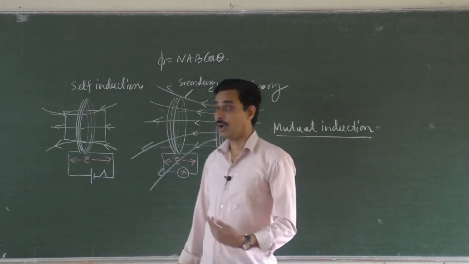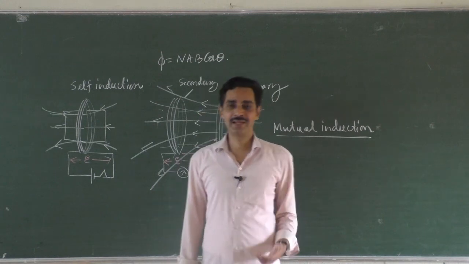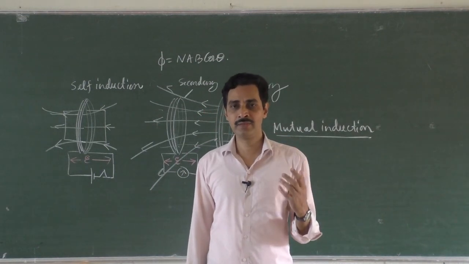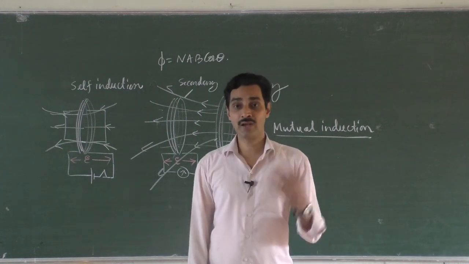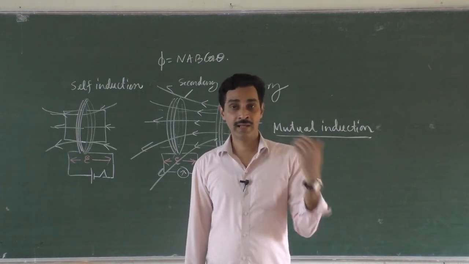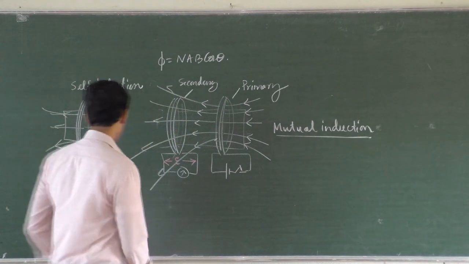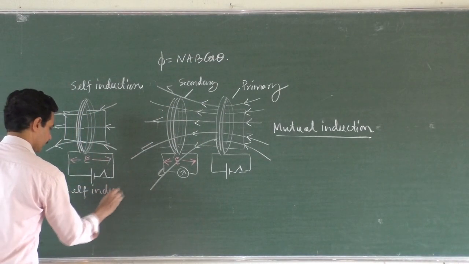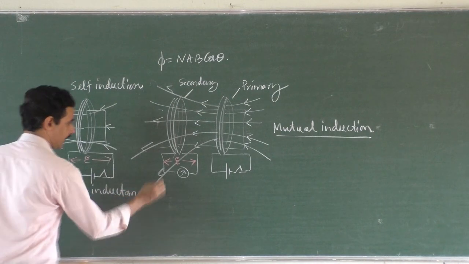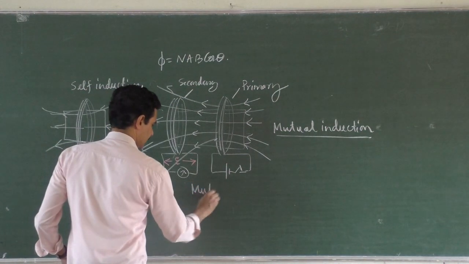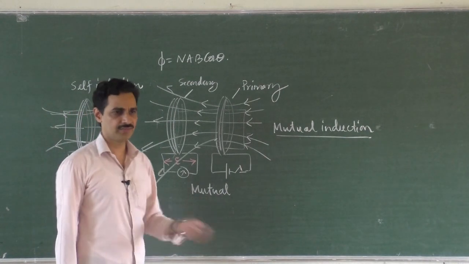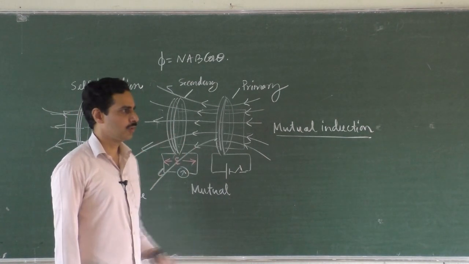Okay, let it be. Now, how do you measure it? See, there is a quantity which decides how much EMF is induced, and I call it self-inductance of the coil, and here I call it mutual inductance. You know that the induced EMF depends on the number of turns, area of the coil, orientation, core, everything.